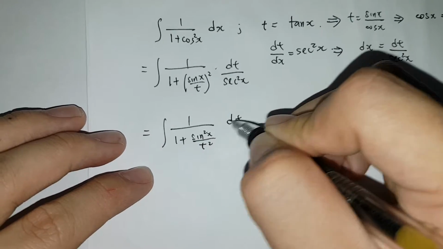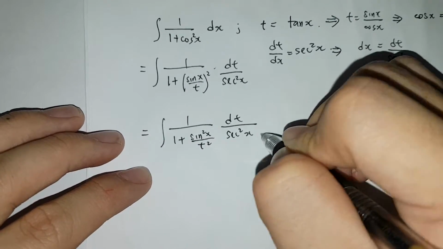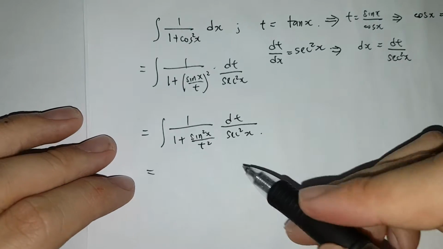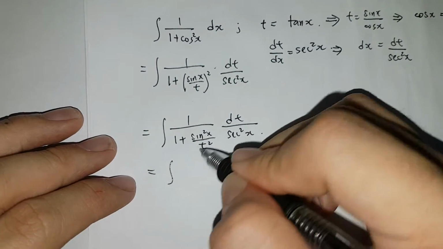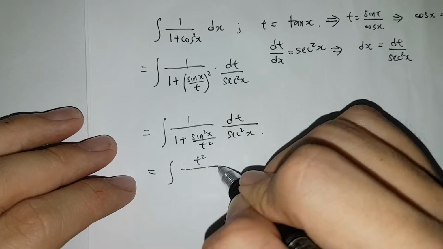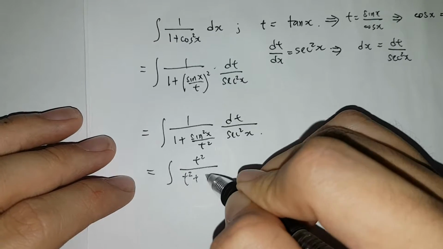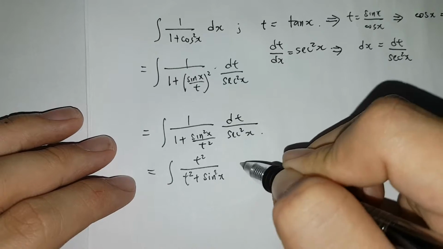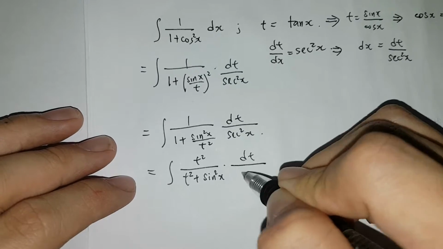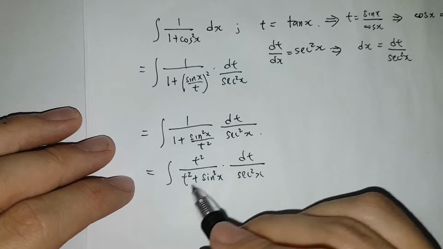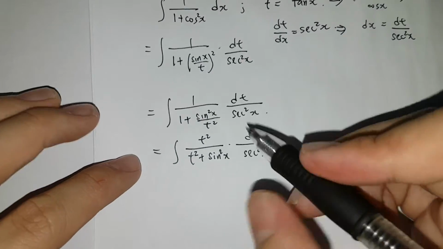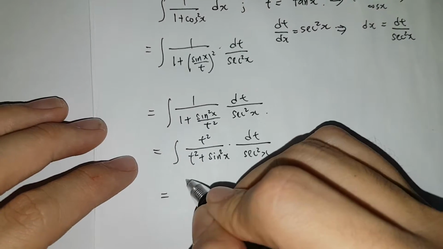This is just manipulation. What I will get is basically multiply with t square to the denominator and also the numerator. I'll get sine square x dt over secant square x, and I will want to multiply this in, right, and rearrange and see what expression I get.